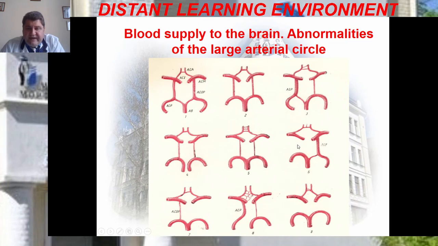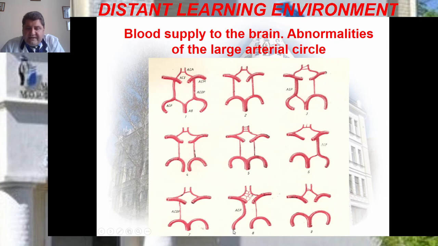Next, you may see the absence of formation of the posterior communicating anastomosis between the middle carotid artery and posterior cerebral artery, and also the absence on the opposite side between these arteries. Also you can see the absence of anastomosis and the absence of formation of the basilar artery.